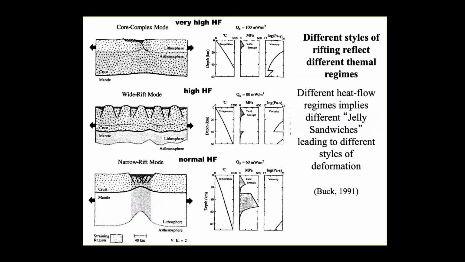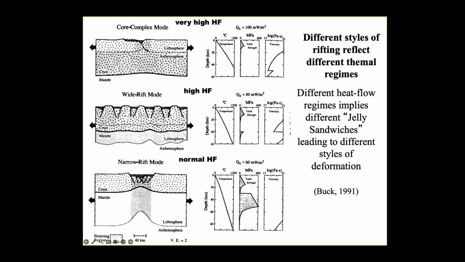So here we start to see the effects of the strength profiles on extension. These are all extensional modes, and we're going to talk about different styles of rifting. Here's a narrow rift mode, here's a wide rift mode, and here's a core complex mode. We haven't talked about core complexes yet, but we will. These are temperature profiles, and these are strength profiles. What you can see here is that it takes you 40 some kilometers to get to 1200 degrees.